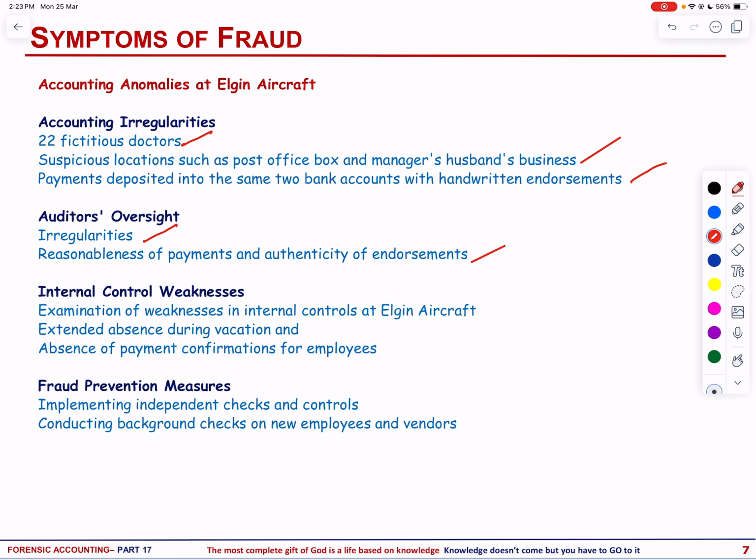Auditors also disregarded weaknesses in internal controls, such as the manager's extended absence during vacation and the absence of payment confirmations for employees.